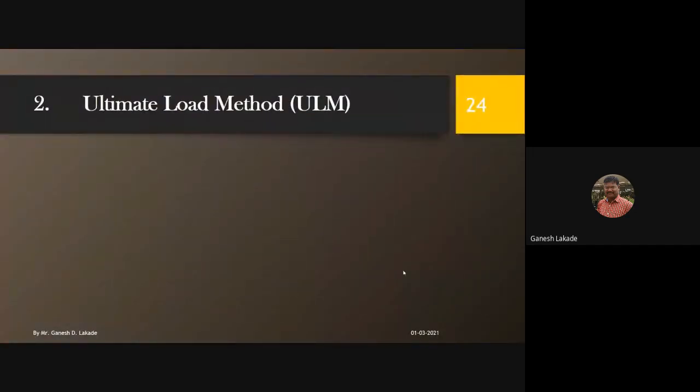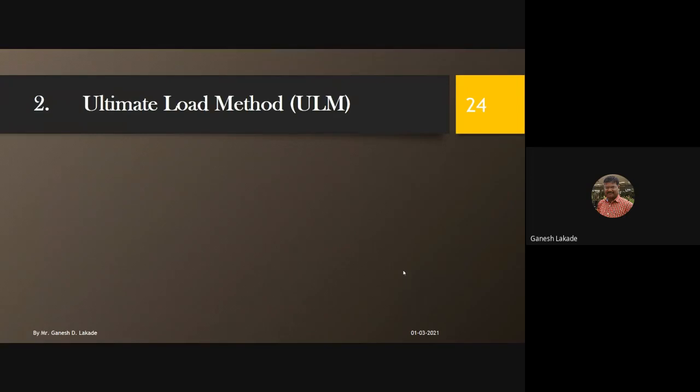As I have already told you in the last lecture, the ultimate load method is a modified version, or not exactly a modified version, but after seeing the limitations of the working stress method, some points which were assumed in it are not as per the actual conditions, and that's why the sections we get in the working stress method are normally uneconomical.